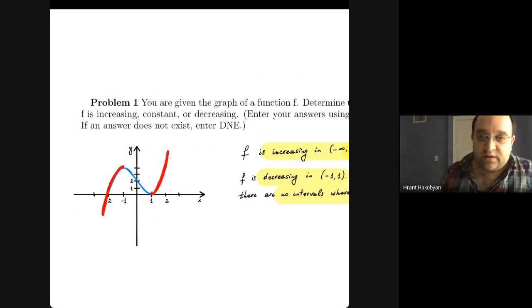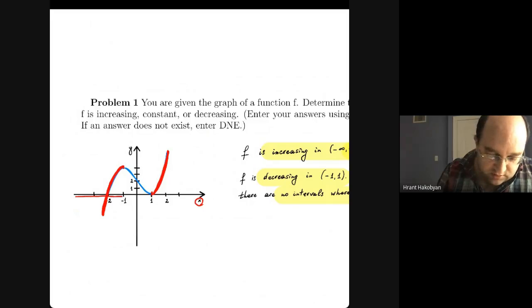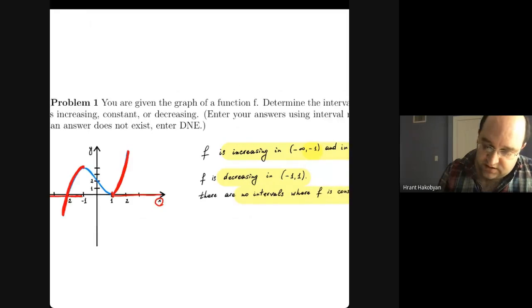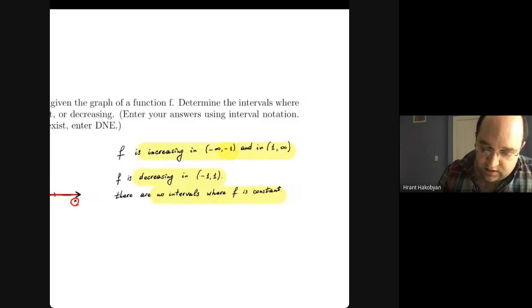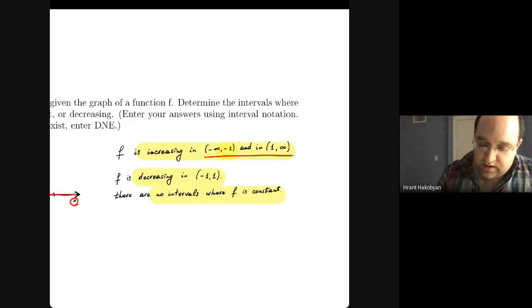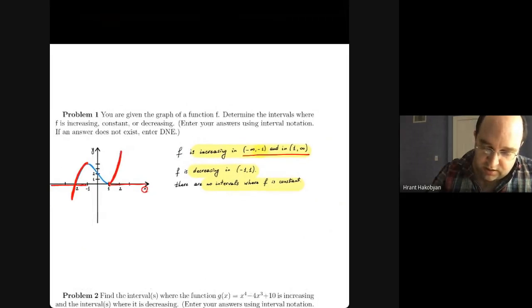When they ask you where, it means for which values of x. So that means I should be looking at the values of x for which it is increasing. So it's from negative infinity to negative 1, and then from 1 to positive infinity. So that's what I wrote. F is increasing in negative infinity to negative 1, and in 1 to infinity.